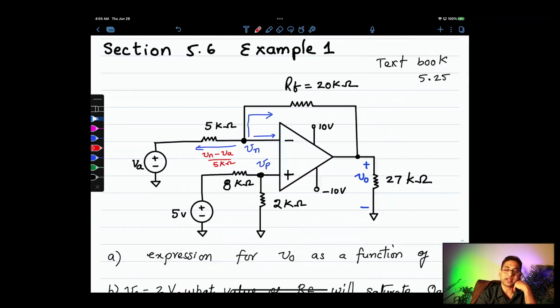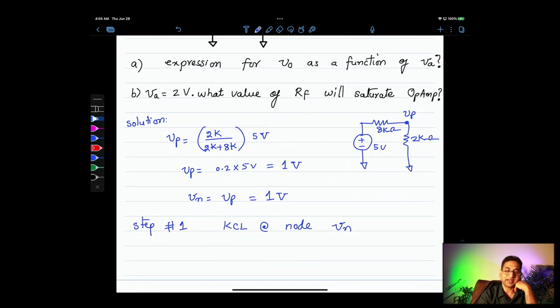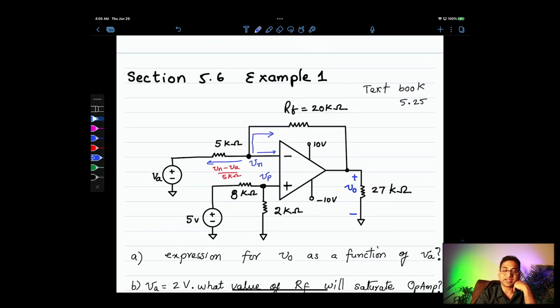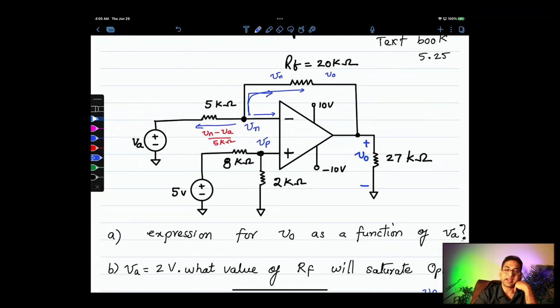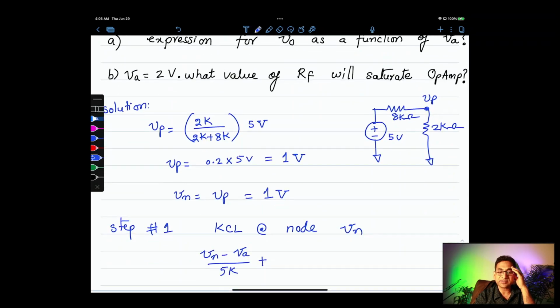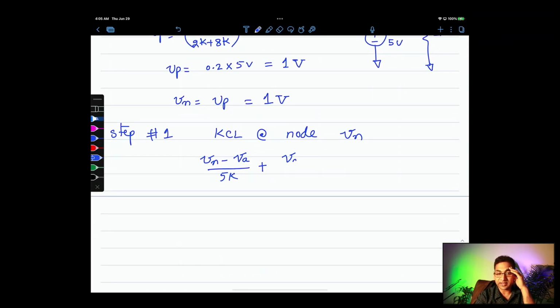So let's write that down: Vn minus Va divided by 5 kilo ohms, plus, what is the other branch current? This guy: Vn on this side, Vo on the other side. So Vn minus Vo over 20 kilo ohms. Everybody with me? Vn minus Va, Vn minus Vo over 20 kilo ohms. That should equal 0 according to KCL.